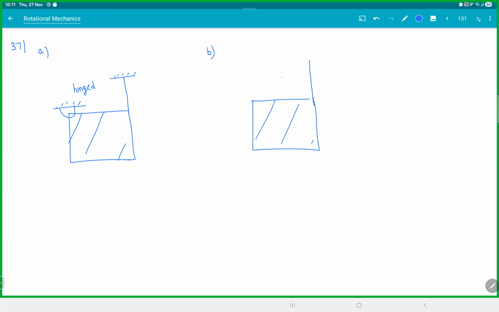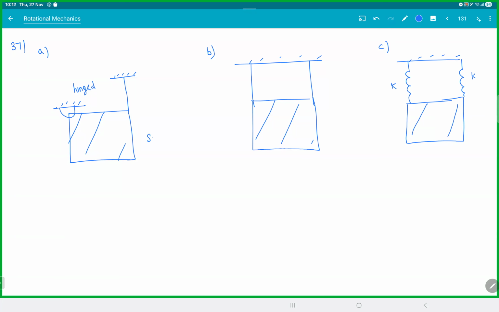In the second case, there are two strings. Third case, there are two springs. Square plate, mass M, side L.